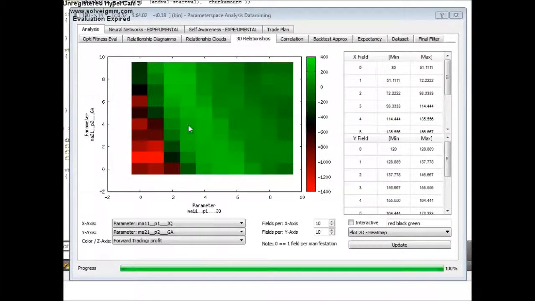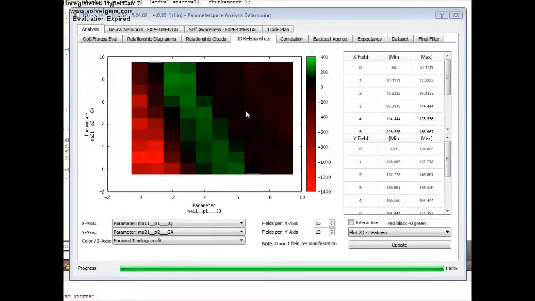So here we have an optimum, and we can also change this scale to make 0 the black. That means that everything going into red is negative forward trading, and everything going into green is positive. That should make this here a bit clearer.